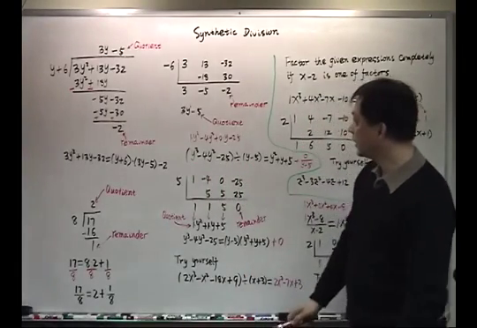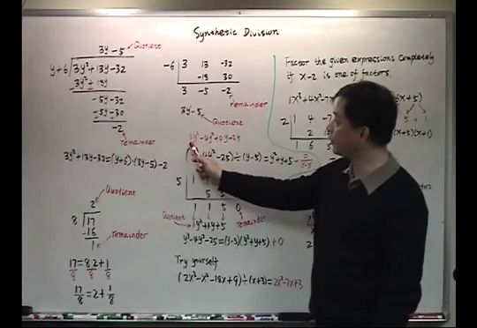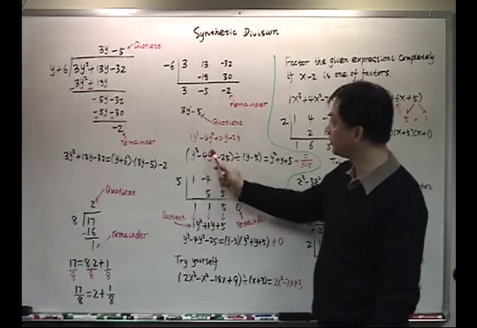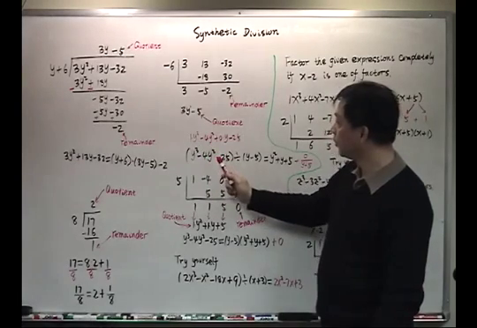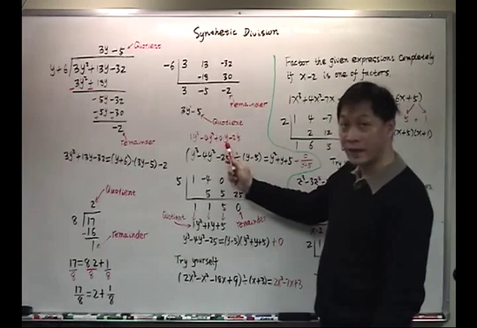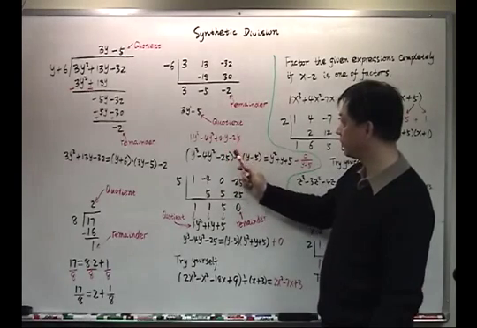You see right here, y cubed, the coefficient is actually 1. Negative 4y squared, you put it here. We don't have a term for y, so you add 0y, and then minus 25.